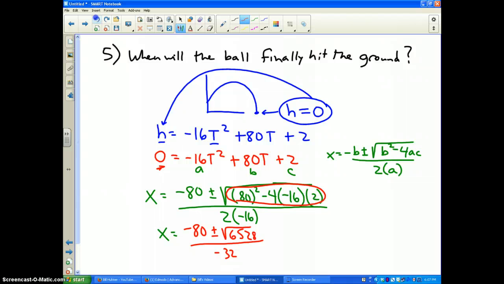Now I'm going to estimate that square root. If you come up with the square root of 6,528, you get an answer of about 80.79.